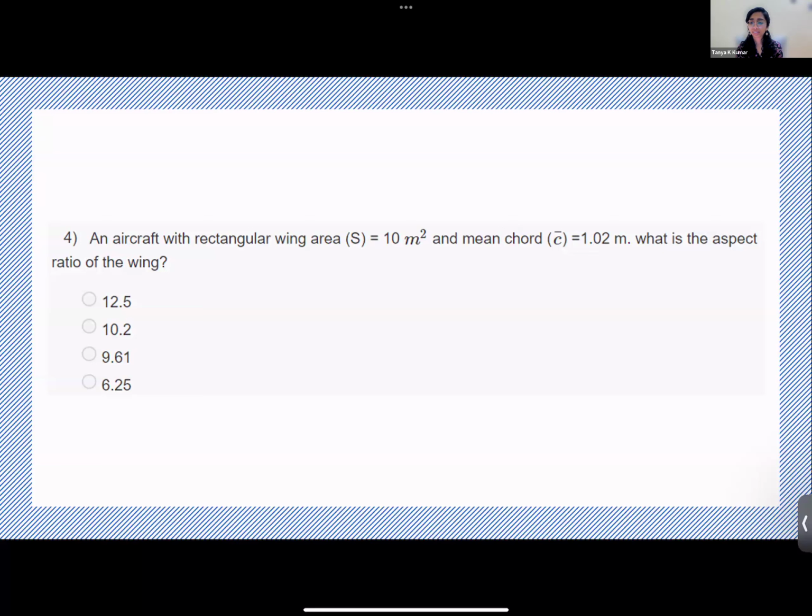Tell me if his answer is right or if you're getting some other answer. Okay. Can you tell me how you got it? No, not Shreyash, but the other two. Can you try and tell me how?